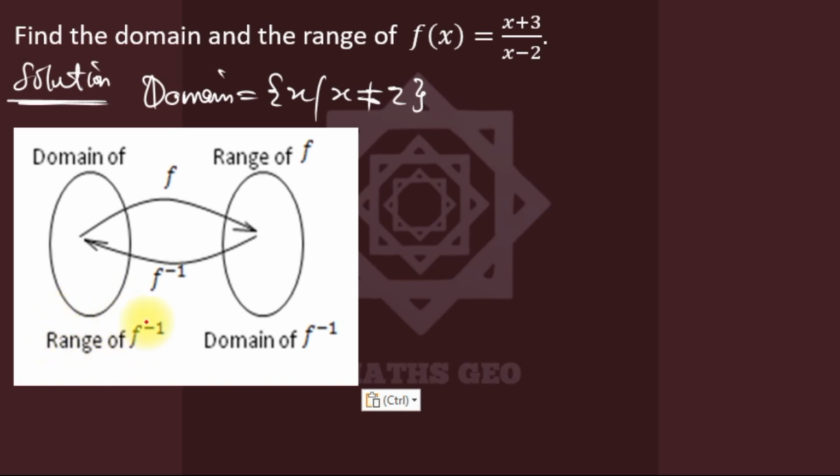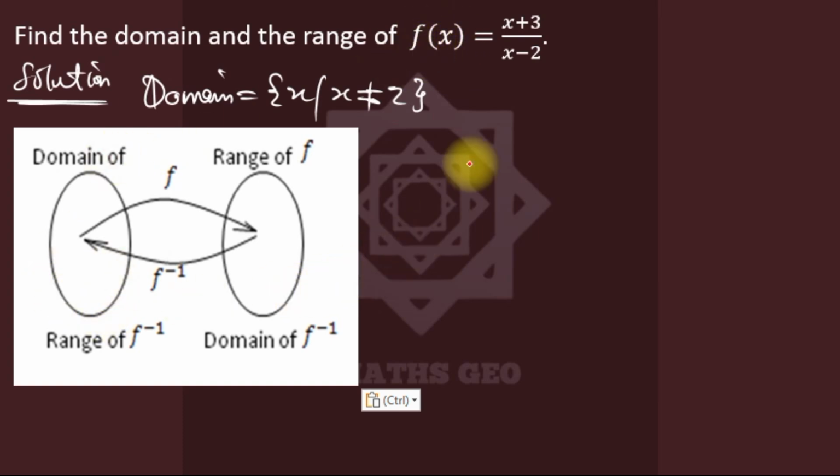So what I'm going to do here is find the inverse of this because it's easier to solve for domain. The domain of the inverse is now the range of the function. So that's what I'm saying.